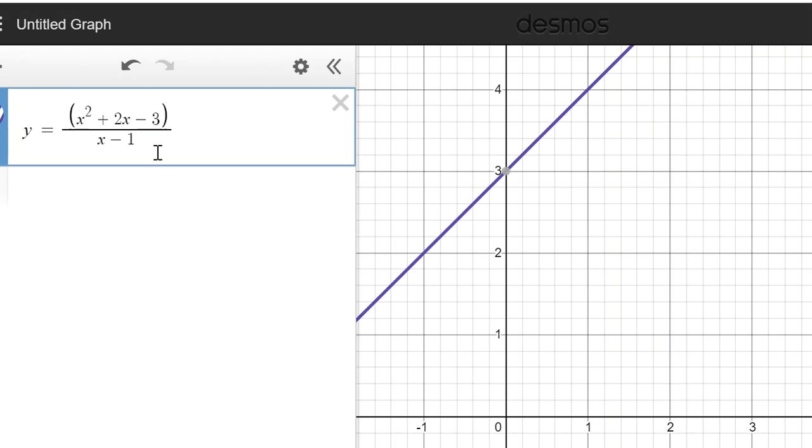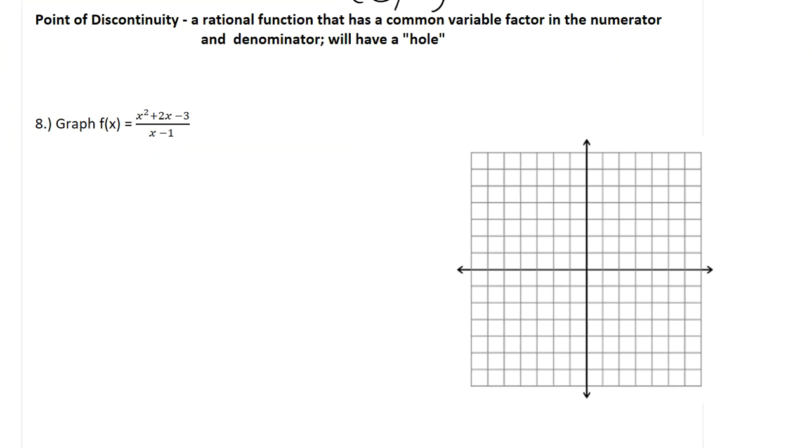Now, if you look at the equation, the 1 part will make sense because when I put in 1 into the denominator, that denominator is 0. But why does it create then this linear line? That happens because if we factor the numerator into x plus 3 and x minus 1, you'll see that the factors in the numerator and in the denominator are the same.